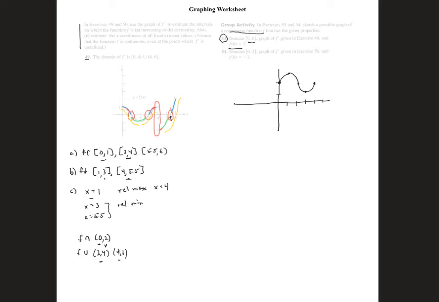So there's 5, and 5.5 is going to be in there. So it's going to decrease, still be concave up until we get to 5.5. And then after 5.5, it's going to be increasing again, and it's going to continue being concave up. So it's going to do something like that. Okay, let's see what else we got.